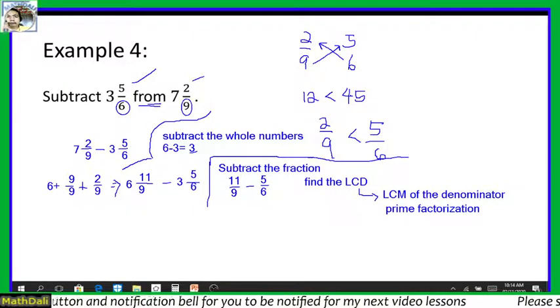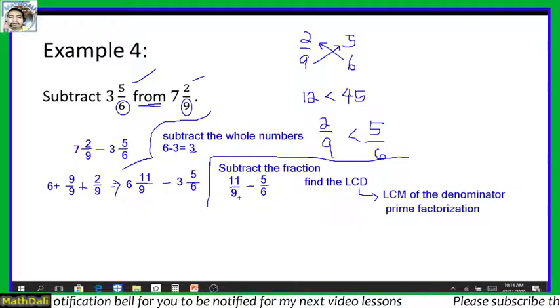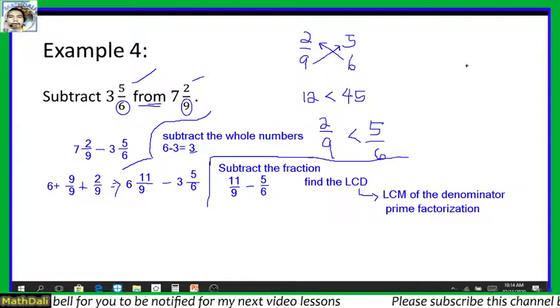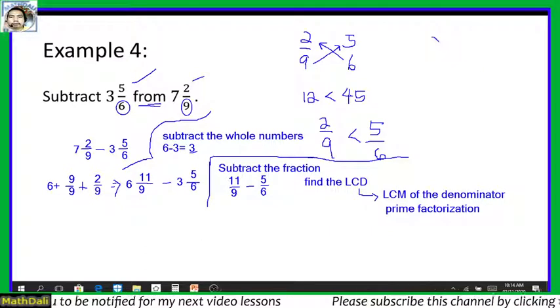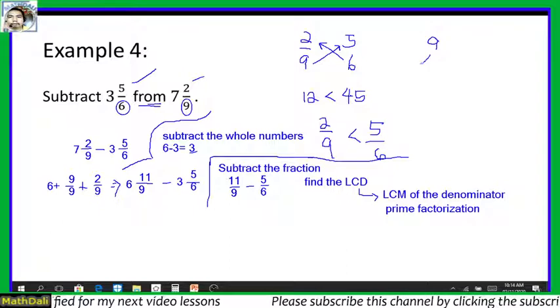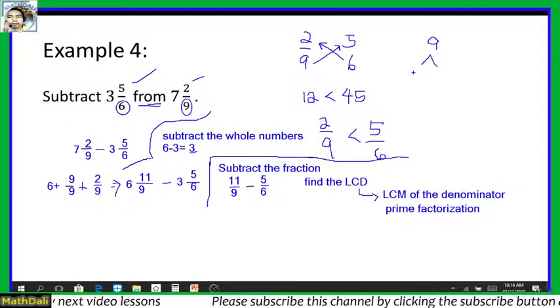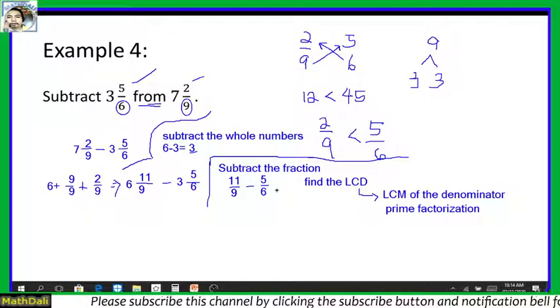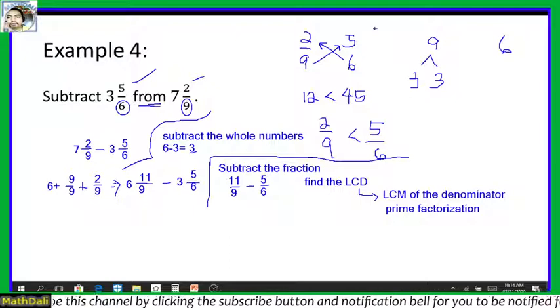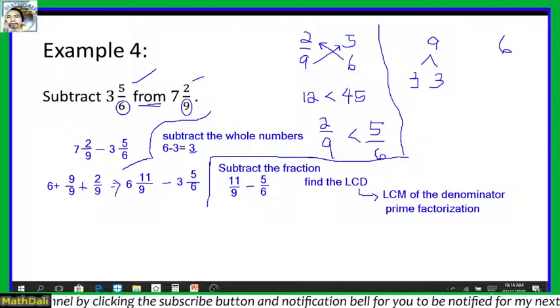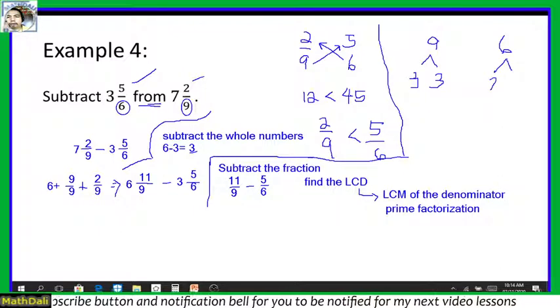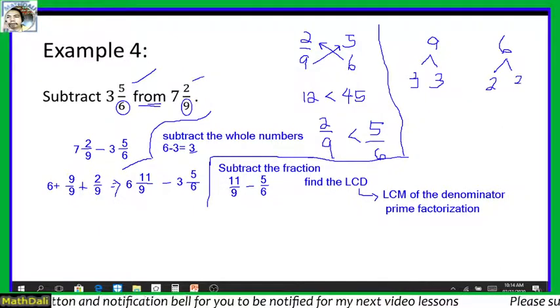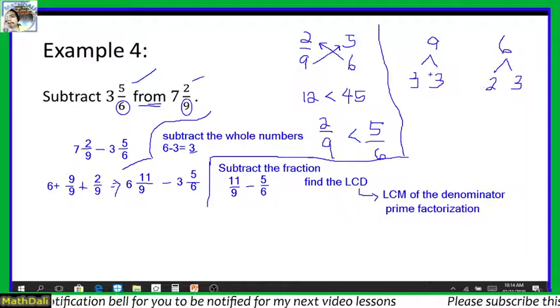Kukunin prime factors ng 9 and 6. Okay, gagamit tayo dito ng factor 3. So we have 9, and factors ng 9, that is 3 multiplied by 3. Then we have also the prime factors of 6. So that is 2 multiplied by 3.